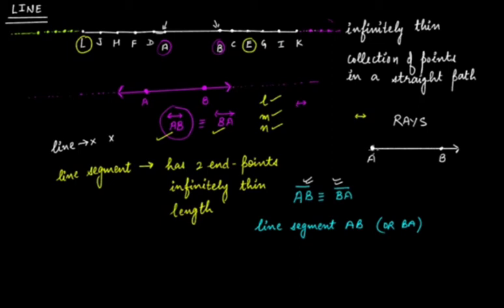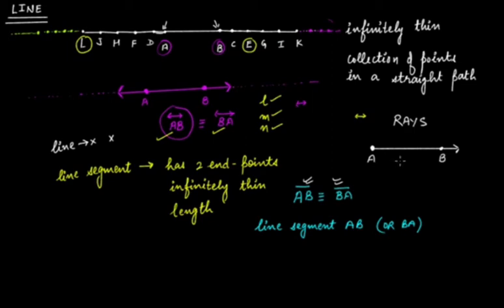If you are drawing a ray between these two points, and A is the starting point, then B will not be the endpoint, because at this point B, on this side, the ray will go on extending to an infinite position.